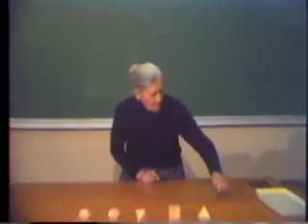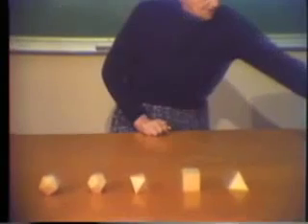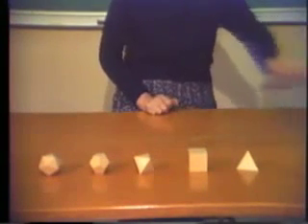Now, there are more semi-regular ones than you could have in the classroom. Archimedes made 13, or describes 13. The Greeks, of course, by the time they had learned the art of writing from the Phoenicians, could leave us these mathematical treatises.